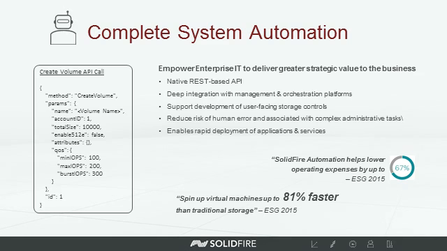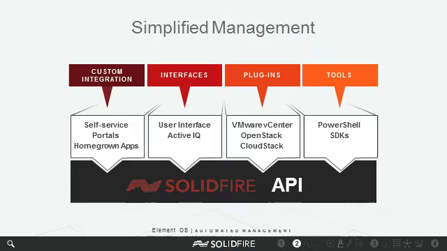You have the ability to orchestrate it, to automate it, or to use the tools that you want to with it. You can see on the left there the Create Volume API, which really allows us to do some fun stuff with the integrations of the platform.